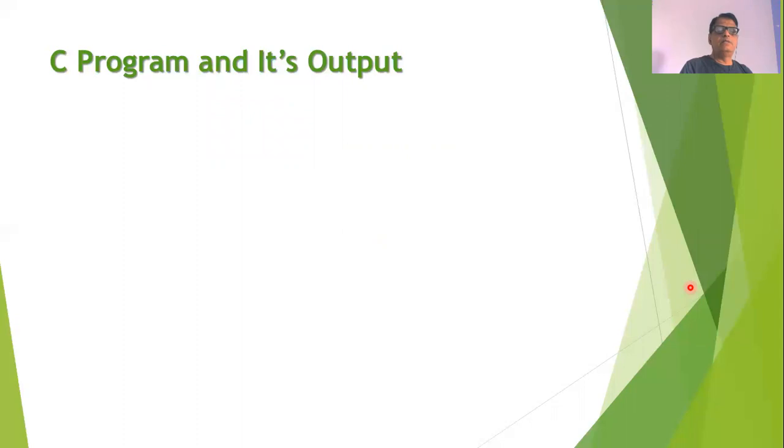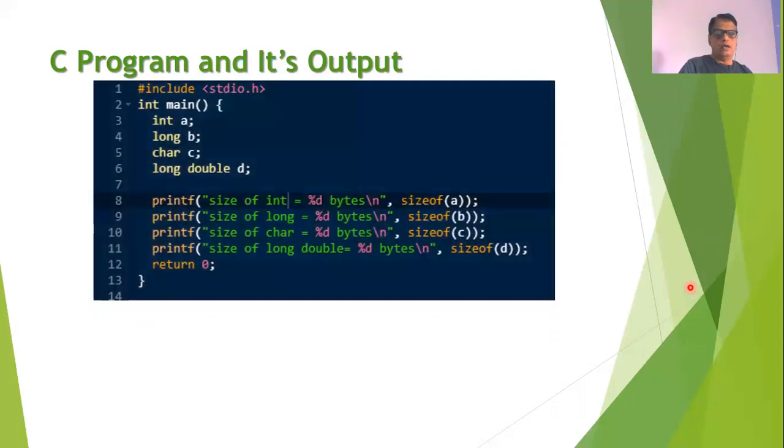Now, let us see one simple program in which we will see how the data types can be accessed within a C program. This is the first line of the program, where we have included the standard input output header file stdio.h.